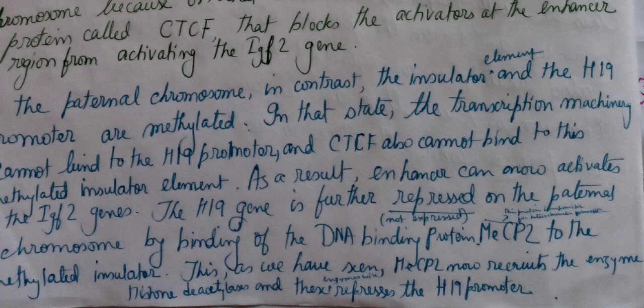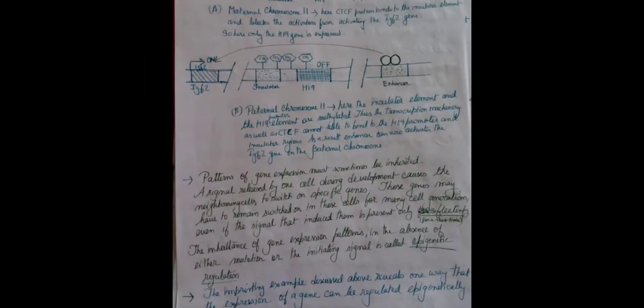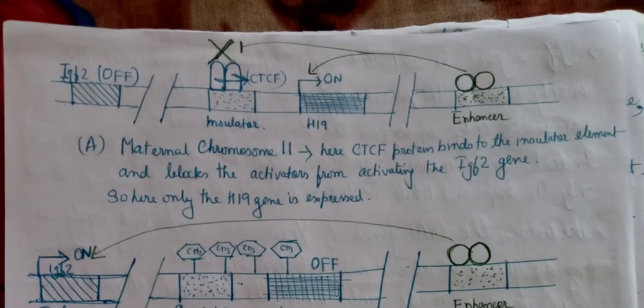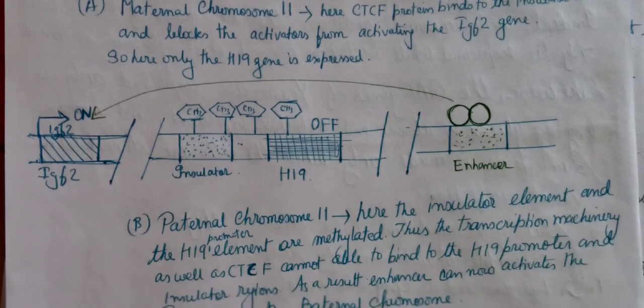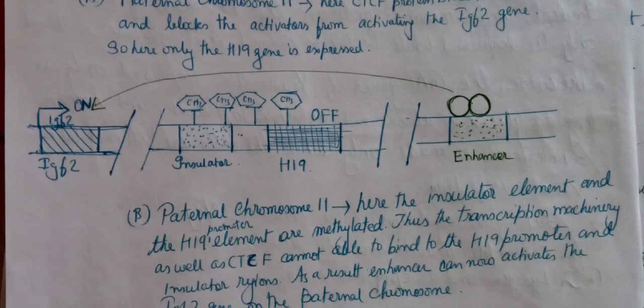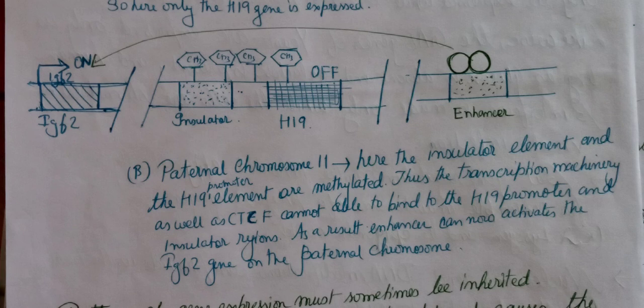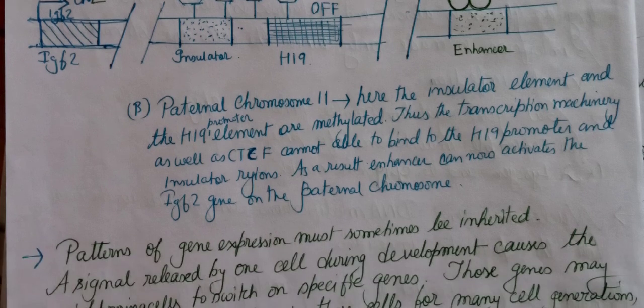So you can see very well how regulation is done by methylation. You can see here very clearly, and this is a part of genomic imprinting. You can note down this writing. I will provide these images to you just after this lecture.